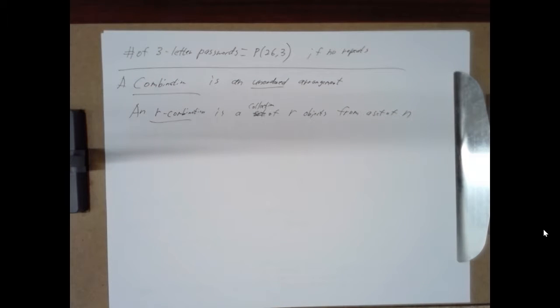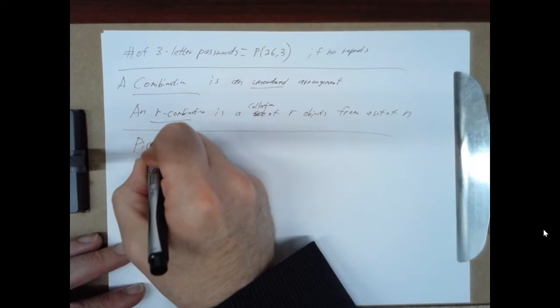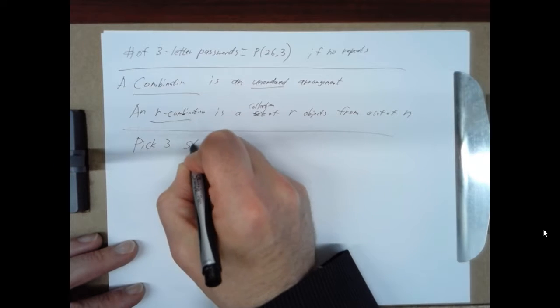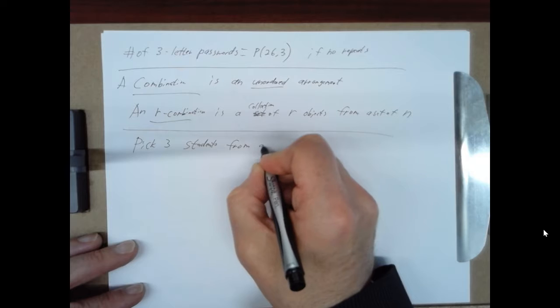So combinations and permutations are almost the same. With a permutation, we care about the order in which these things are selected. A combination is just saying, let's just choose a set of objects from a larger set. So pick 3 students from a set of 5.